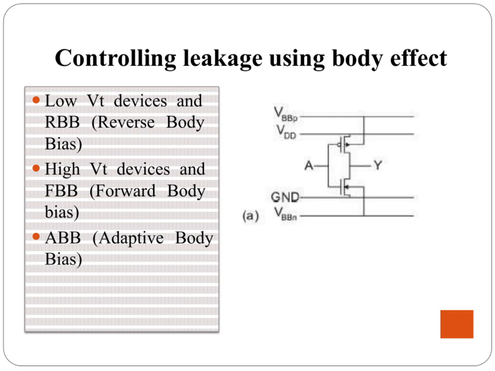This lowers the threshold voltage to improve performance when needed. There's also adaptive body bias or ABB, which dynamically adjusts the body bias based on operating conditions. This adaptability allows us to optimize both leakage and performance effectively. Understanding these biasing techniques is key to balancing power efficiency and device speed.